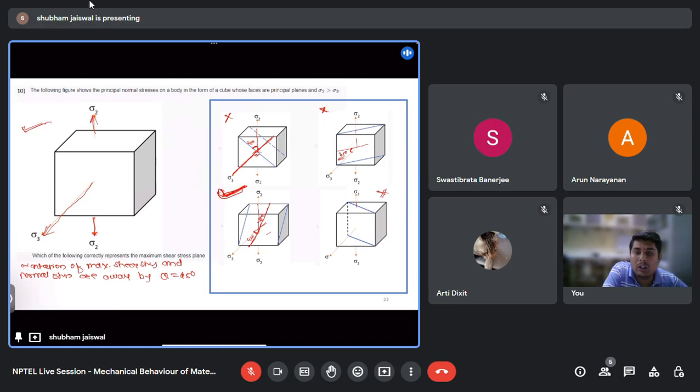Because we already talked that the orientation of maximum shear stress and normal stress are away by theta equal to 45 degrees, and it is midway between the normal stresses. Only this option has a plane between sigma 2 and sigma 3, and it satisfies our condition for the maximum shear stress and normal stress. Am I correct?